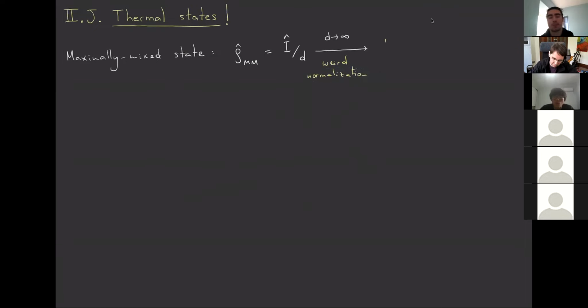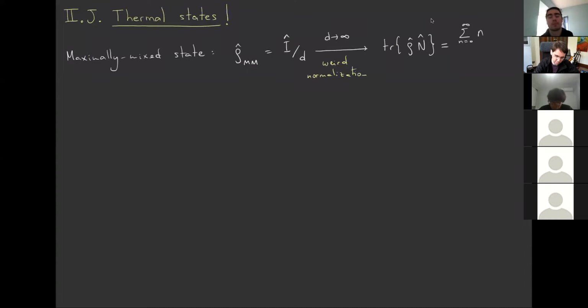But on top of that, and this is the smoking gun for why this state doesn't work for infinite dimension, if we calculate, for example, for the harmonic oscillator, the number of quanta, which is related to the energy of the oscillator in this state, so this is the identity, what we get is the sum from n equals 0 to infinity of n.